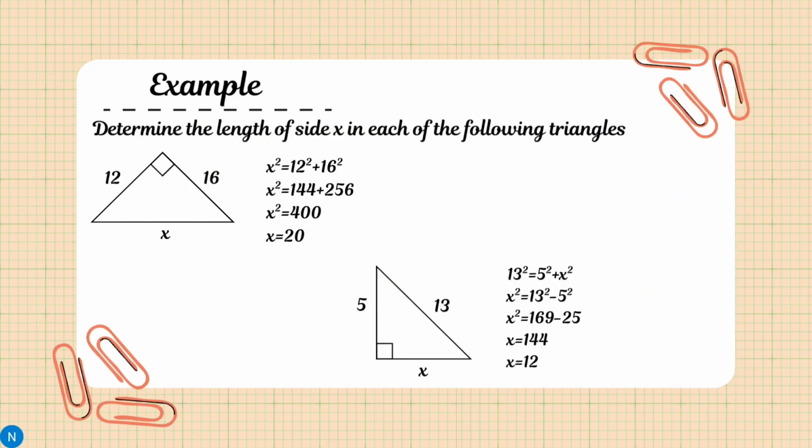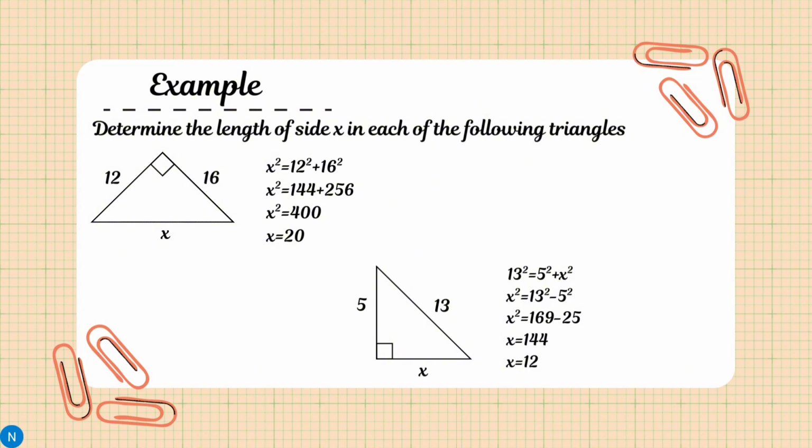For example, determine the length of side x in each of the following triangles. The first step is to look at the right angle, which means the opposite side is the hypotenuse, namely x.